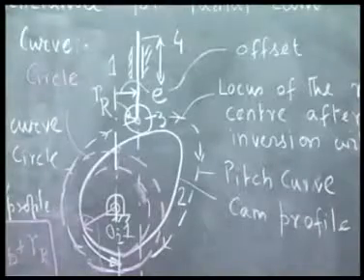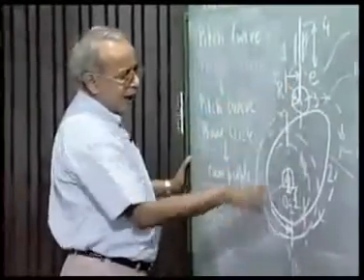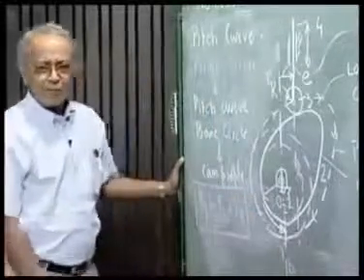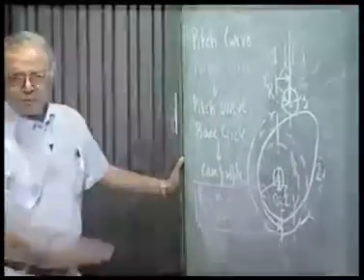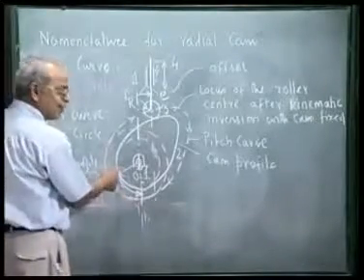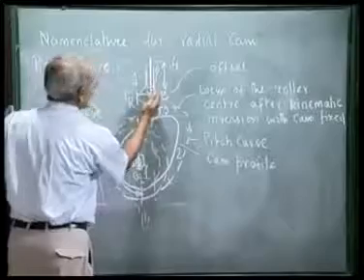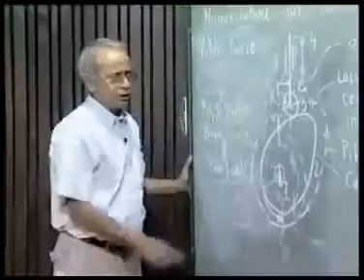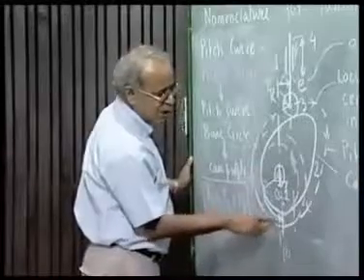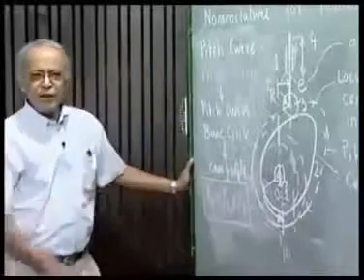Now, we must remember that this offset to the right is for counterclockwise rotation of the cam. Why? That will be explained a little later. If the cam rotates in the clockwise direction, then we must provide offset to the left.